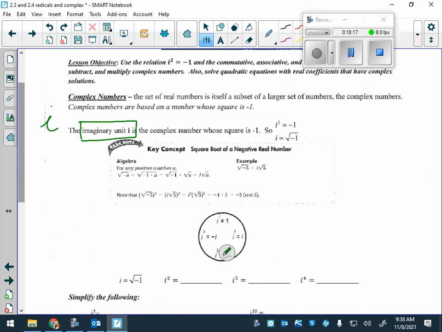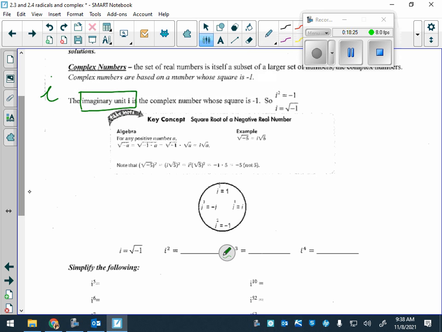That is going to be stuck with you every time you have to simplify square roots and there's a negative. Here's an example of what it looks like. If I have the square root of negative 5, automatically that negative and i comes out and you're left with that positive root 5.